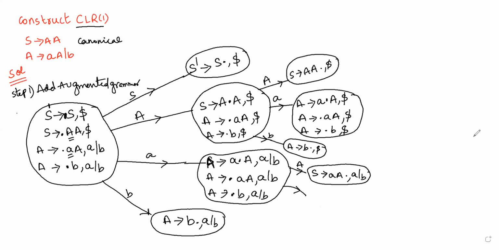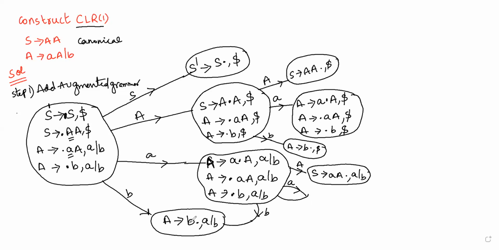Now this is called as self loop as a small a. Okay. Next, what is the value of the next one? B. So what is this b? B will become A tends to B dot comma A by B. I am giving the arrow mark for this one because A tends to dot B will become A tends to B dot A by B.